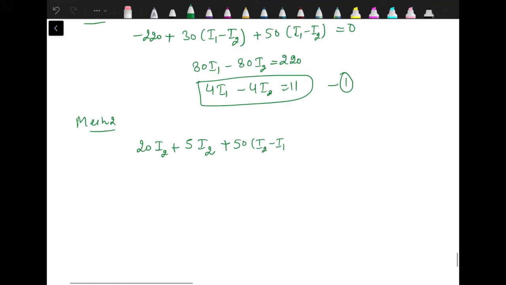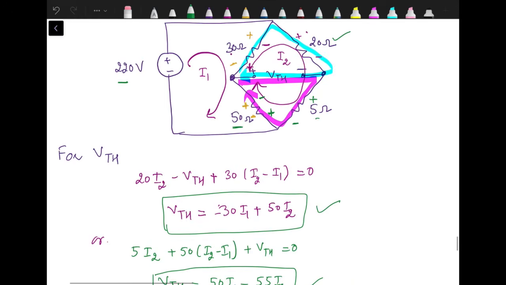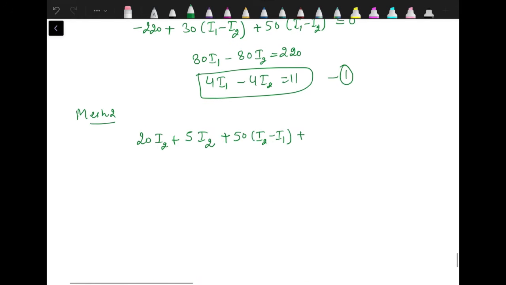Now the resultant current is as per the direction of I2. And then we have the last resistance, 30 ohm. Again, we need to calculate the current as per the direction of I2. It will be (I2 minus I1) equal to 0. So this equation is simplified to minus 80 I1 plus 105 I2 equal to 0.